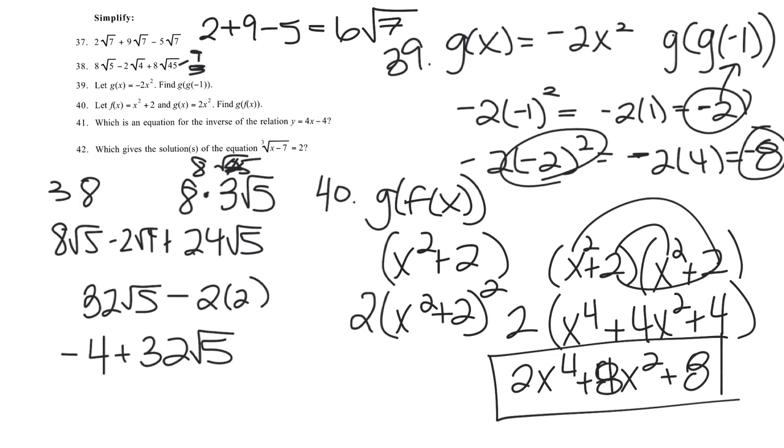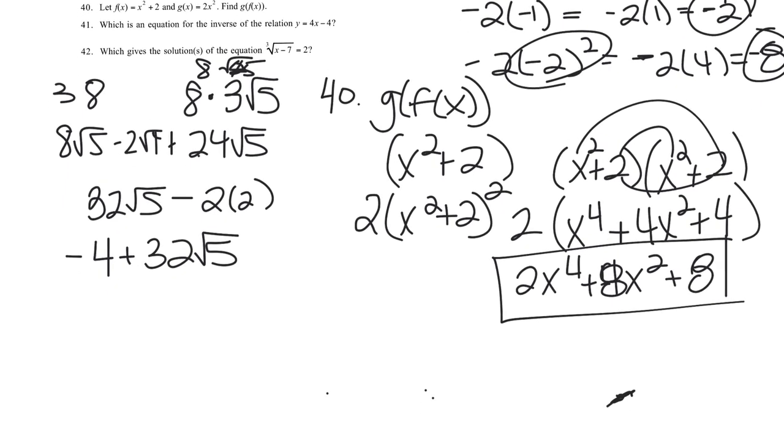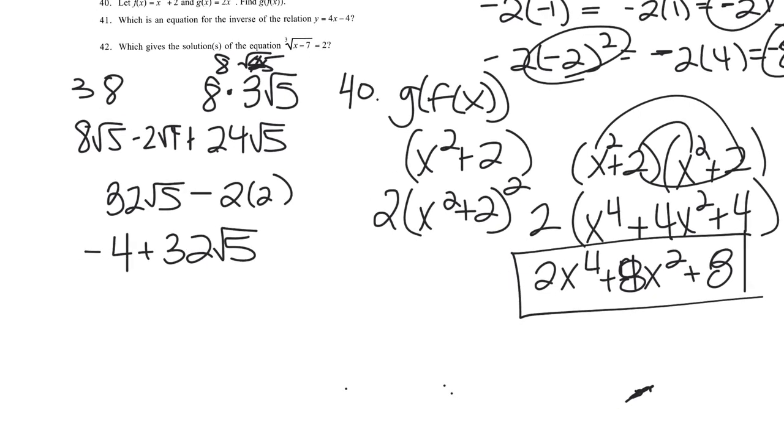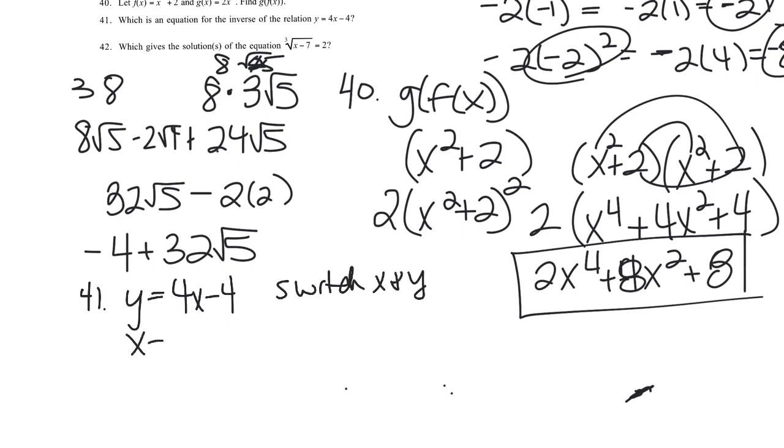41, which is an equation for the inverse of the relation y equals 4x minus 4. So let's find the inverse because we don't have the multiple choice selections. So 41, y equals 4x minus 4. Now to find the inverse, we switch x and y. X equals 4y minus 4, and then we solve for y.